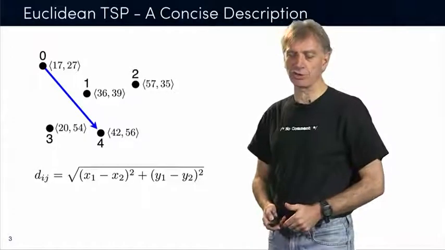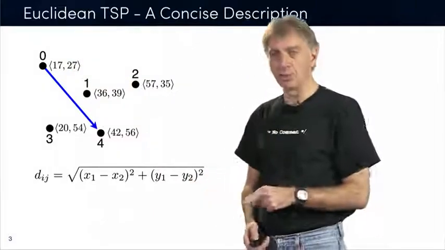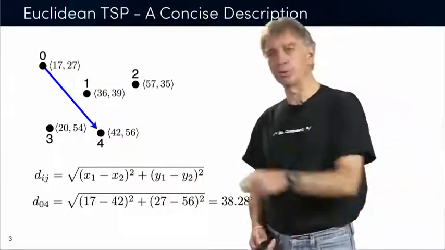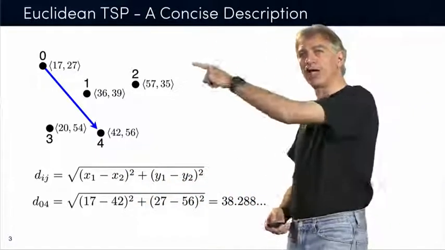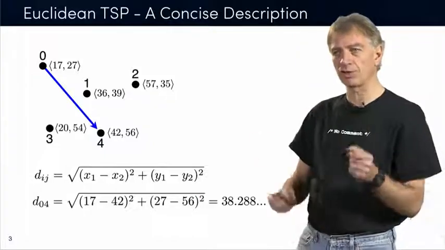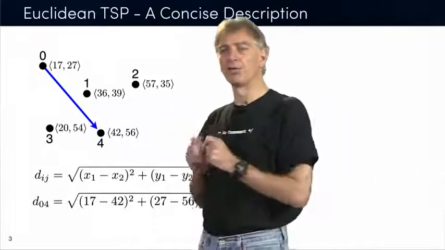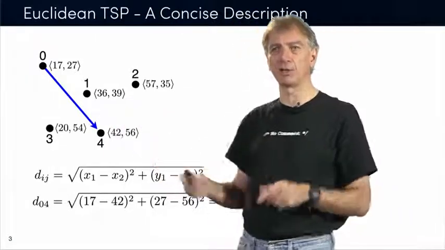Once you want to find out the distance between 0 and 4, you will use the formula that you see here, and you see the actual values at the bottom. You take the x coordinates of the 2 points, subtract one from the other, and square it. Do the same thing for the y coordinate, square it, sum them, and then take the square root of the whole thing.